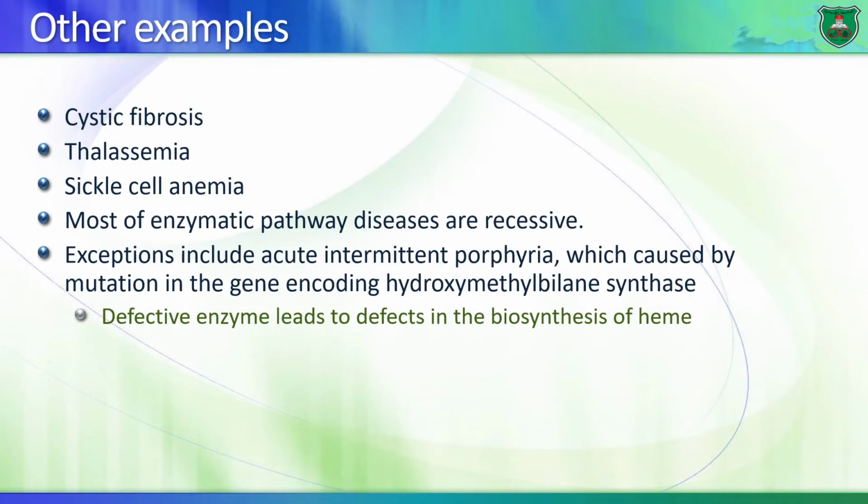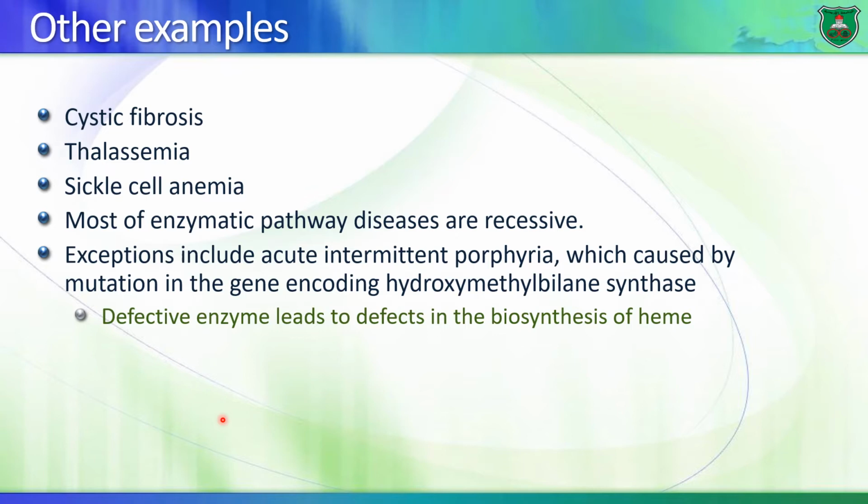There are other examples that are common, especially here in the Middle East, in Jordan as well, like cystic fibrosis and thalassemia. Thalassemia is really common in the Mediterranean region, and Jordan is one of them. Sickle cell anemia, a lot of enzymes in metabolic pathways, and so on.